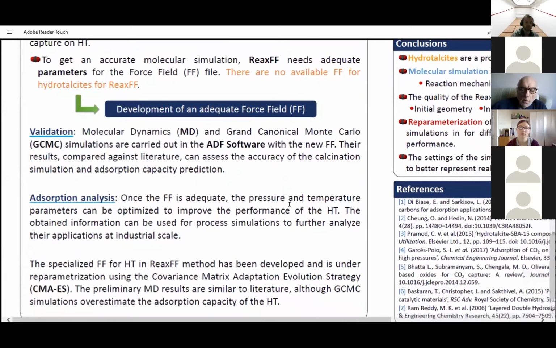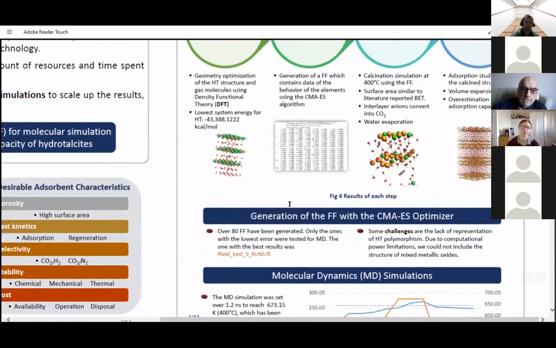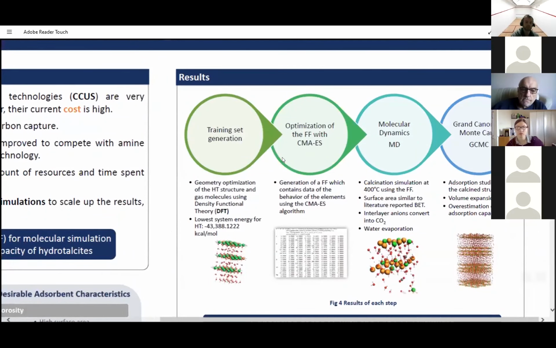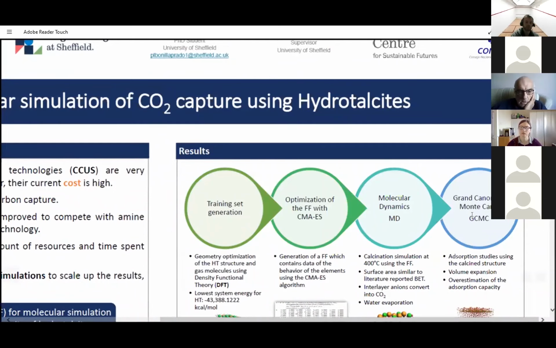So first we did some molecular dynamics simulations. We created a force field, we did the simulations of how we heat up this material, and then we can go and do the Monte Carlo simulations about the adsorption capacity.